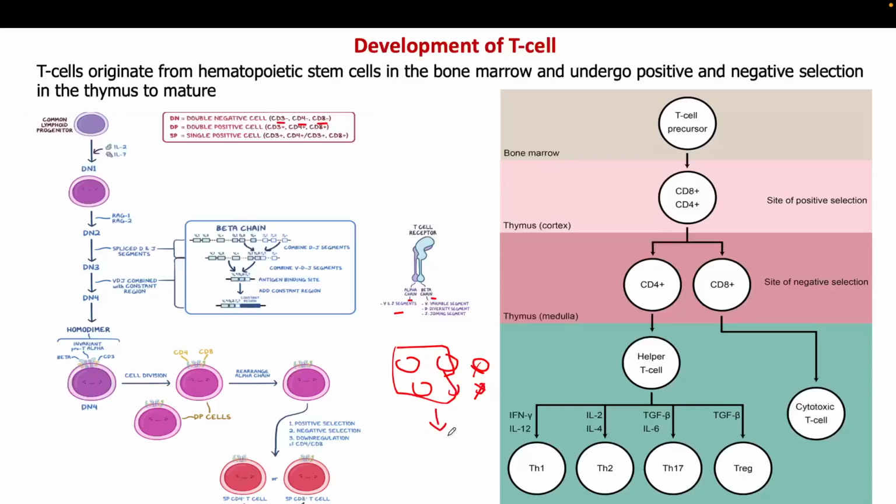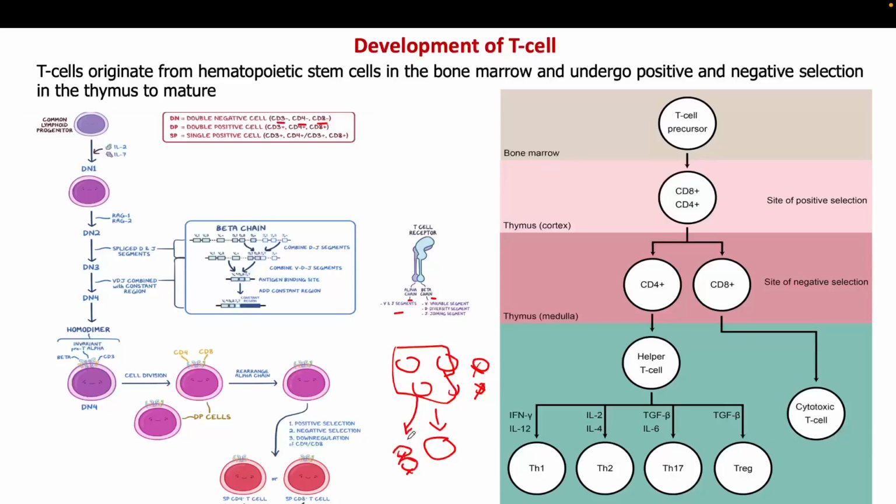In the case of negative selection, those T cells which have a higher affinity for the self antigen will also go for apoptosis. So these cells, which have a higher affinity for self antigen, also go for apoptosis.